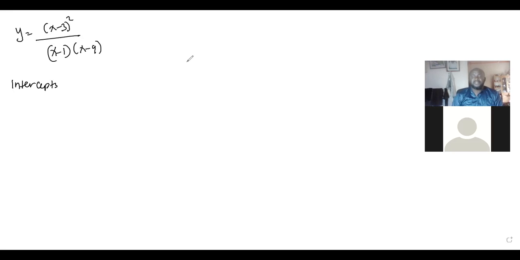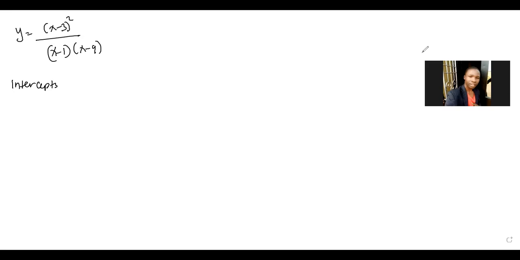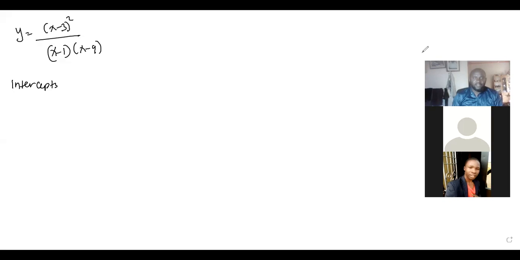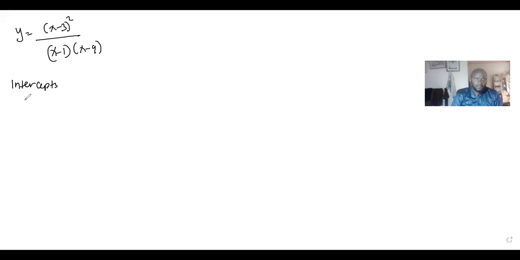Someone give me the intercepts. I have 3, 0. The x-intercept is 3, so 3, 0. Y-intercept? 0, 1. Do we all have that?